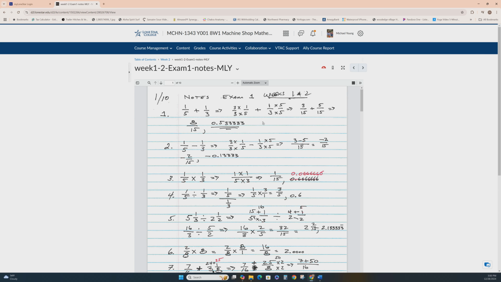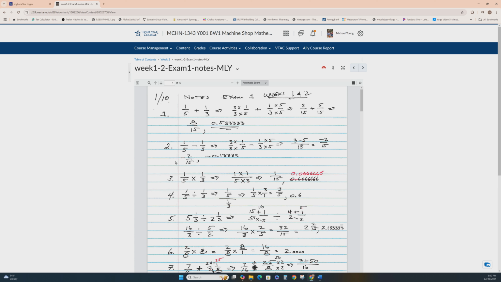We'll open that up. These are handwritten calculations. Remember my previous warning about handwritten calculations? This is what handwritten calculations look like. 8 over 15, that's the digital equivalent of the answer. 1 over 15 minus 1/3 equals this.